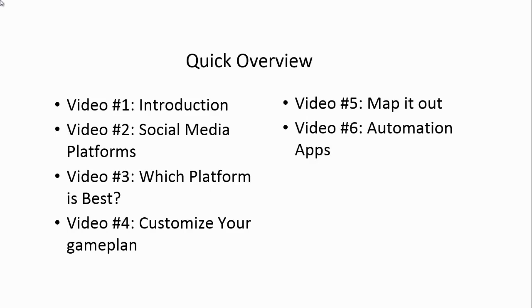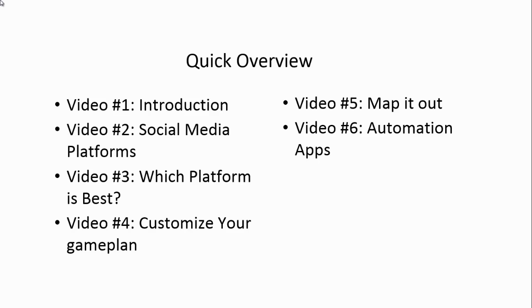And of course, last but not least, once you have mapped it out, we're going to talk about automation apps. There are many different apps out there that will allow you to automate your social media presence. For example, if you posted something like an image to Facebook, you could create automation apps that would copy that content to your Twitter, to your Instagram, and to other social media platforms as well.